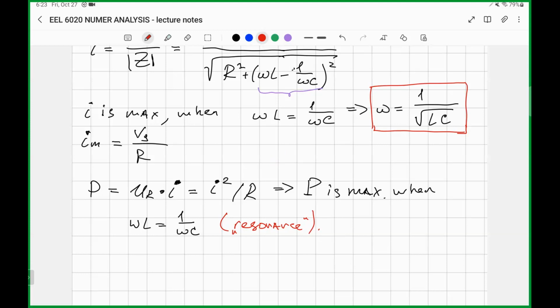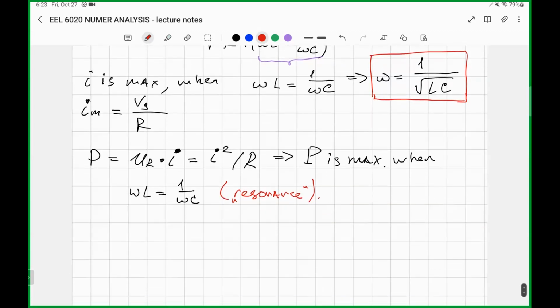And all energy, or the maximum of energy, is converted to the active part. Okay, so active power is the power or energy that can do something, like convert electric current to heat, or do mechanical things, and so on and so forth.